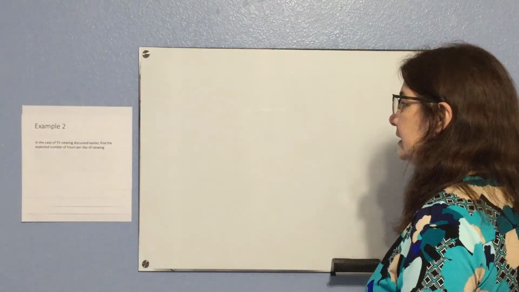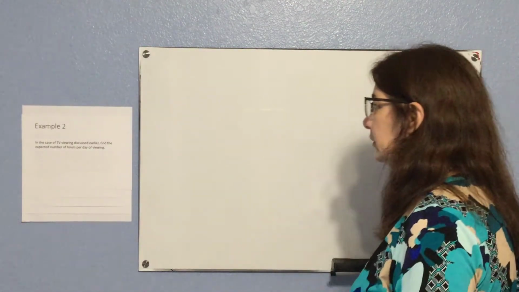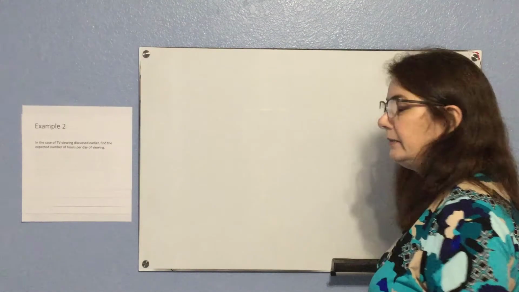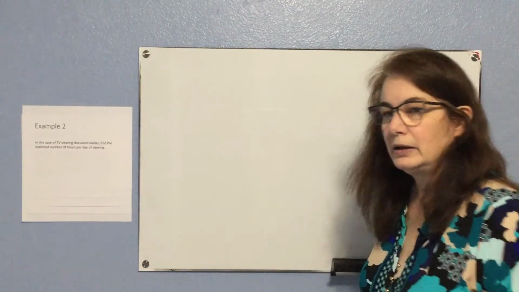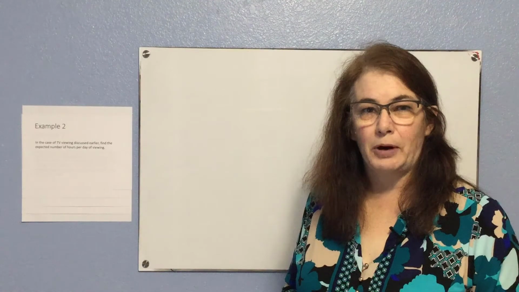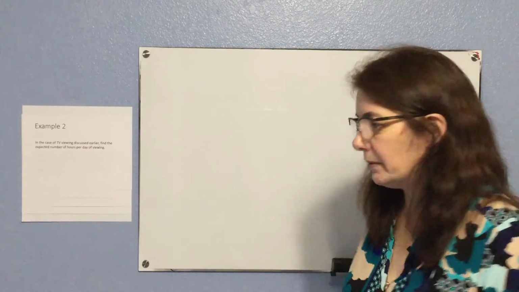So in the case of the TV viewing that we talked about a little earlier, let's find the expected number of hours per day of viewing. And to do that, we're going to take the number of hours and multiply it by the probability of that number of hours.